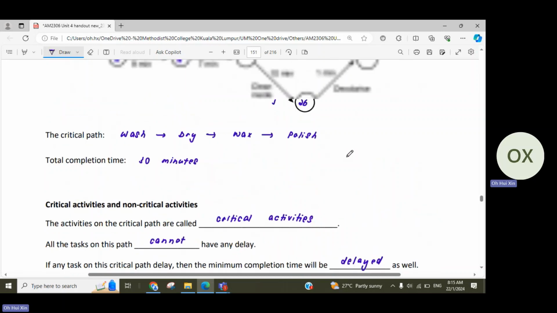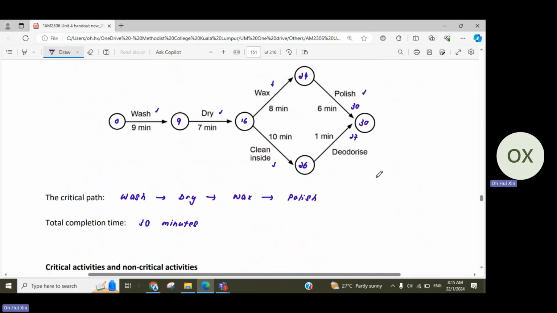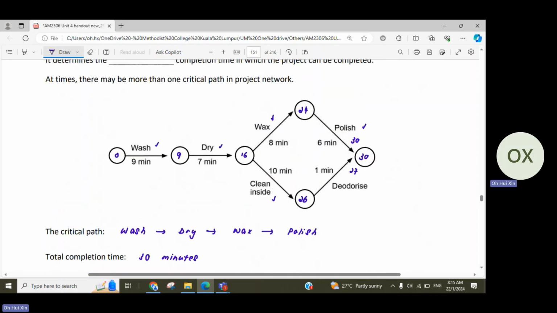Now we try to understand why these activities are non-critical. We will look at the last one first. You can see that although you finish deodorize at 27 minutes, you need to wait another 3 minutes before you consider the entire project completed. So if I don't have enough manpower, I can actually drag this activity for 3 minutes.